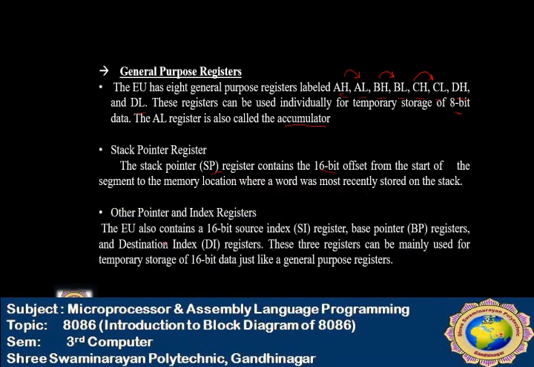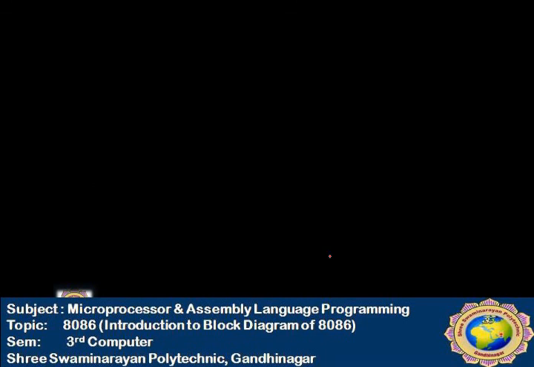The EU also contains a 16-bit SI, the source index, a base pointer BP, and DI, the destination index. These three registers can mainly be used for temporary storage of 16-bit data, just like general purpose registers. So dear students, I think you have understood the block diagram of the 8086.